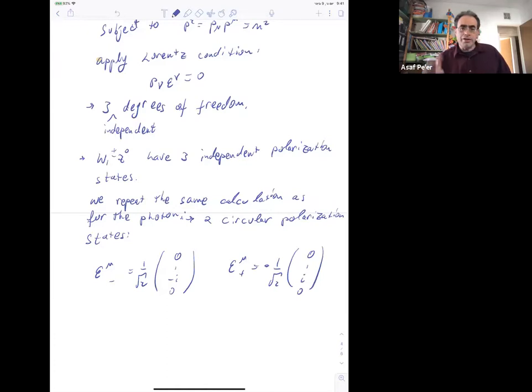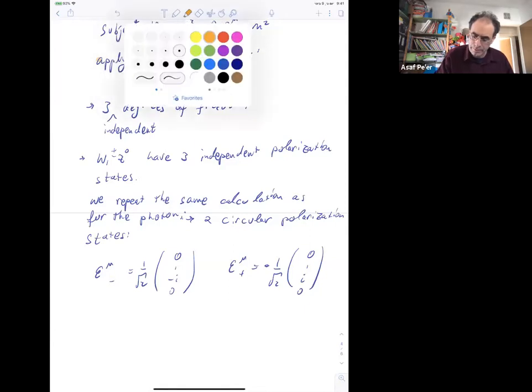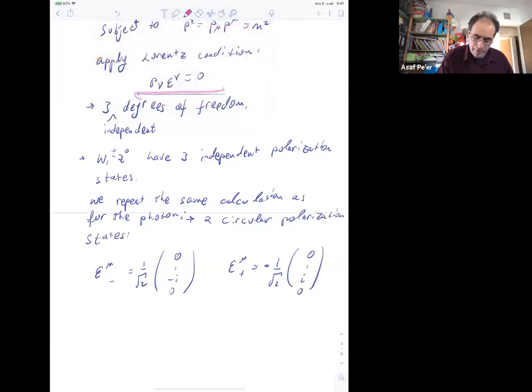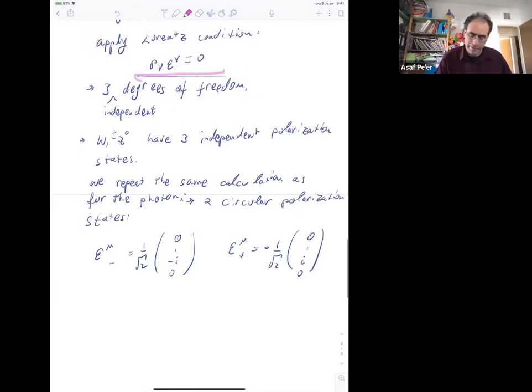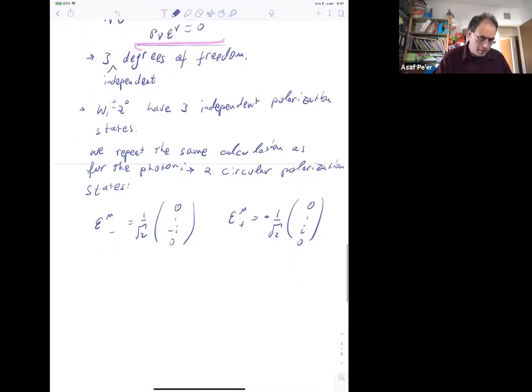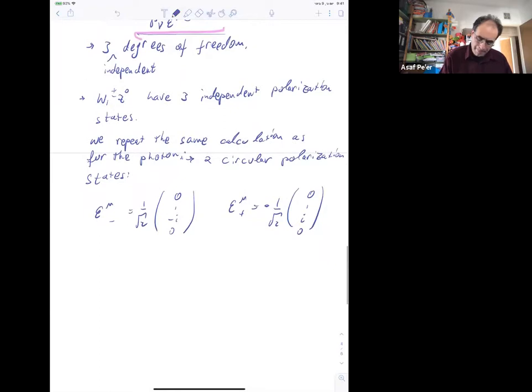But now, in addition to these 2, we have a 3rd degree, which of course is subject to the Lorentz condition. So we have a 3rd, longitudinal polarization state.